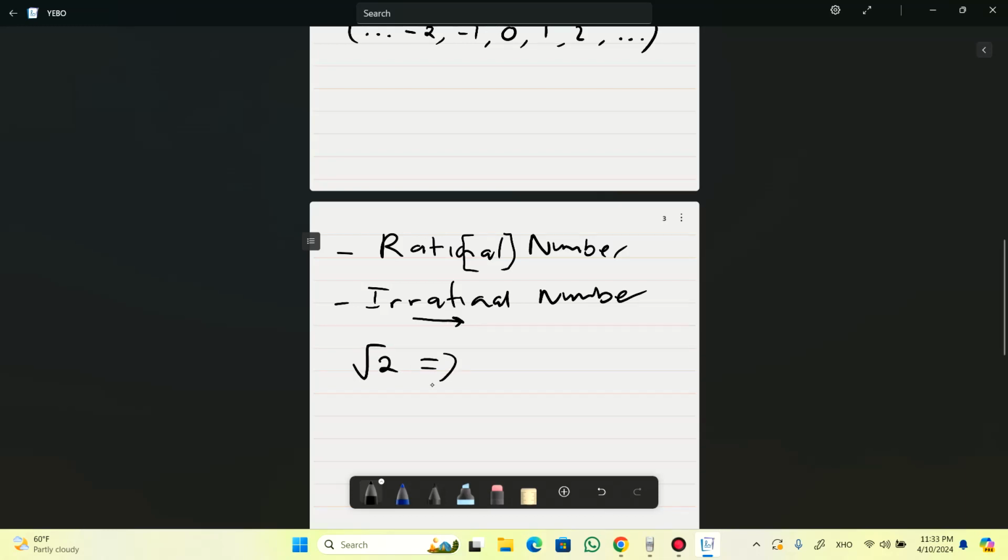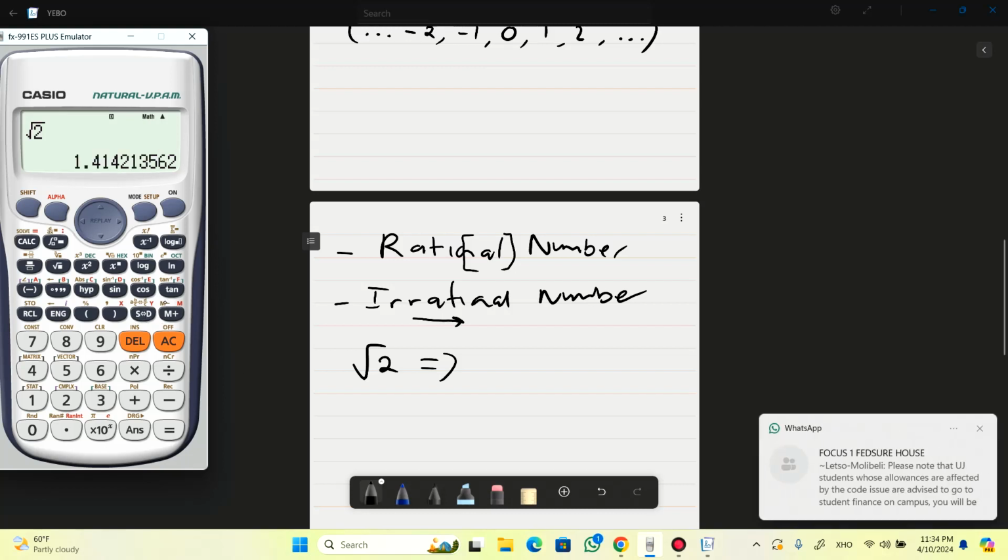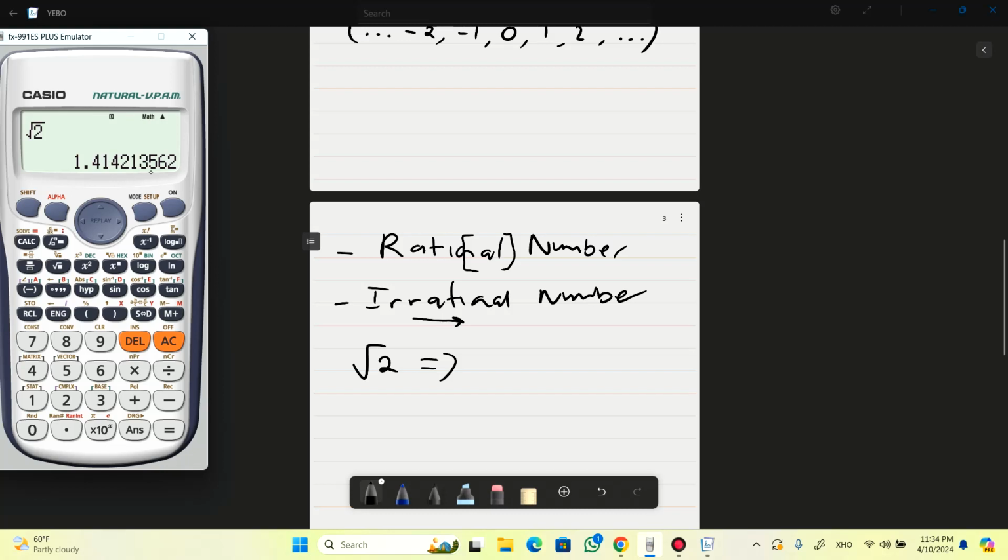If I plug in square root of 2 into the calculator and it gives me square root of 2 as is when I press equals, it means that this is a never-ending number. It continues and continues, but if I change it to a decimal, then the calculator simplifies it, or rather it rounds it off.